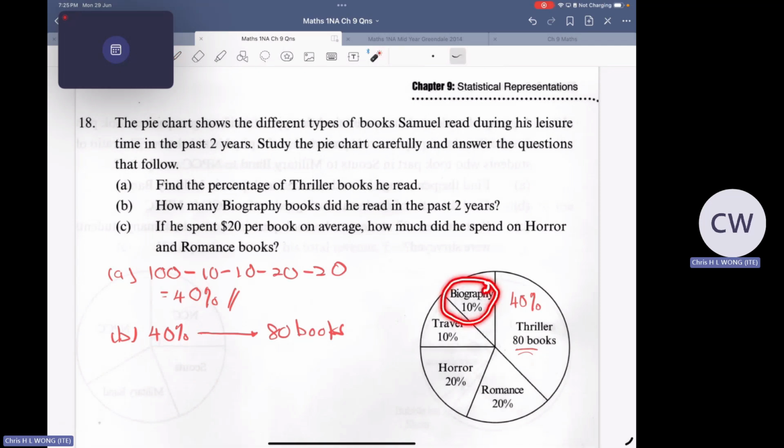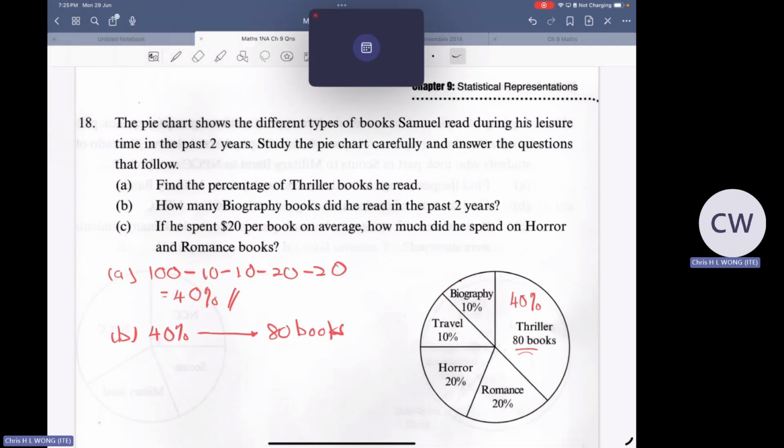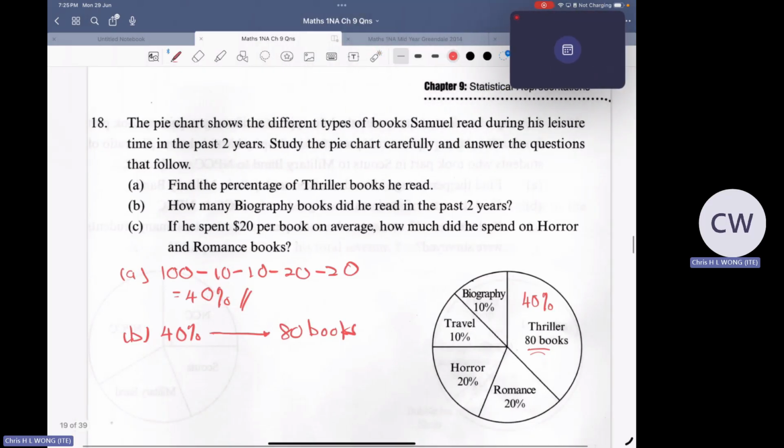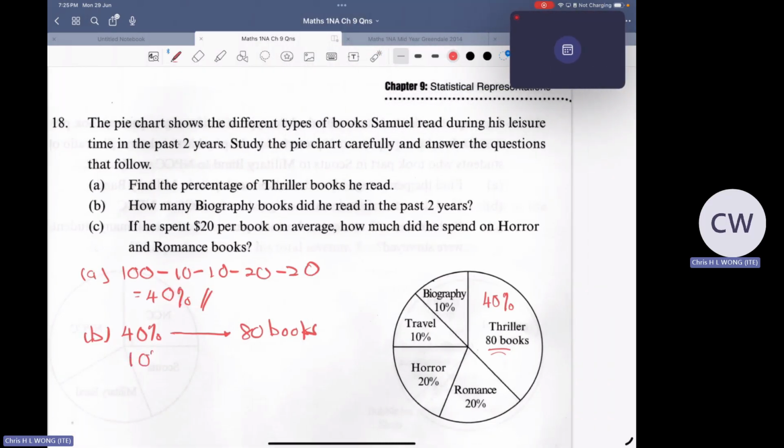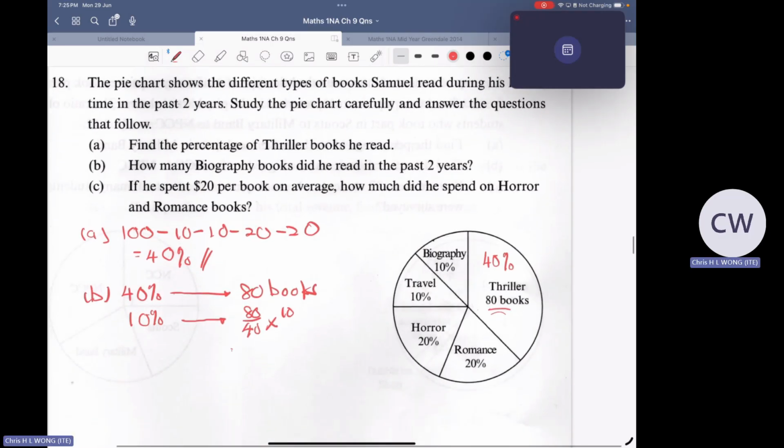So all you need to do is find 10%. 10% will be 80 divided by 40 times 10. You notice they're always the same, right? So 2 times 10 equals 20 books. Super easy, right?